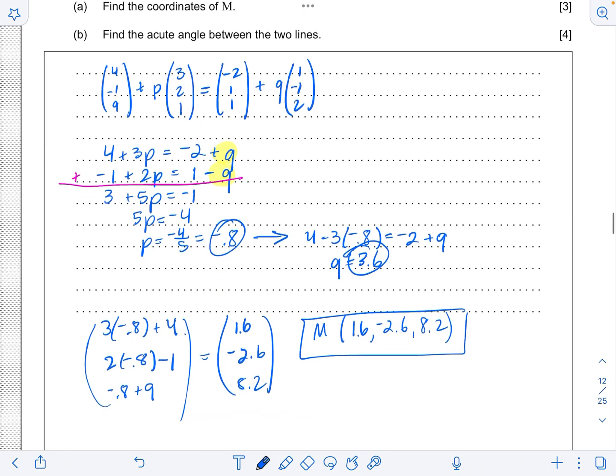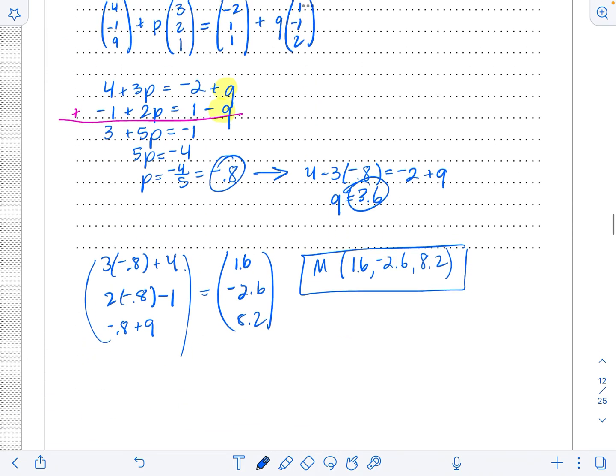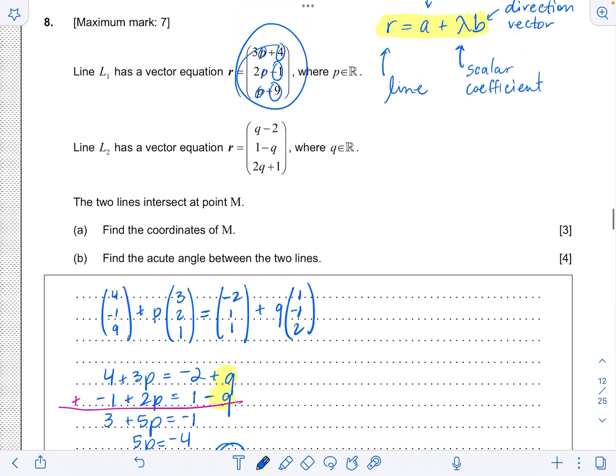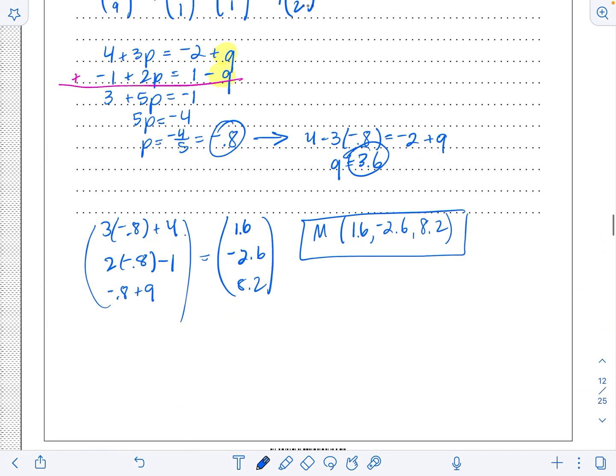Finding the acute angle between the lines, you have this equation in your formula booklet, and you may remember from when we did vectors, even though we have three component vectors, that still works the same.